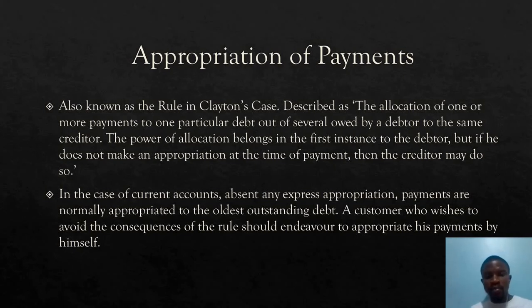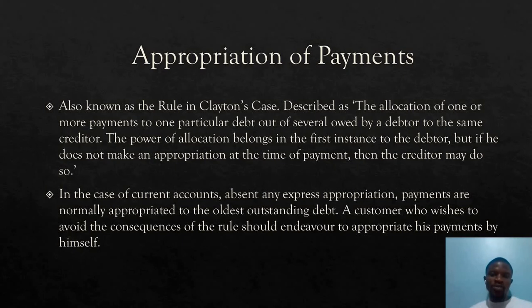What is going to happen is that the bank is going to take that money and decide which of these loans it will regard as paying back. Now, the bank can take that money you've come to give them, and say they are using it to offset the 500,000 naira loan.